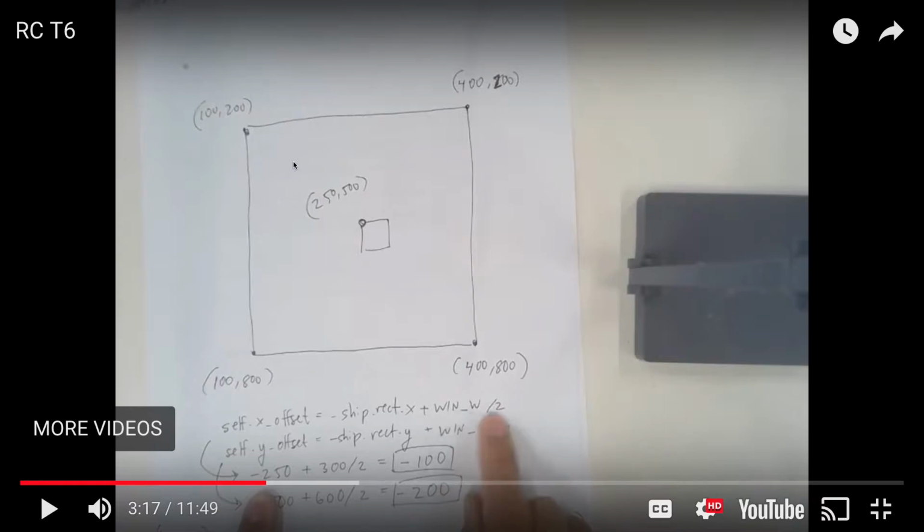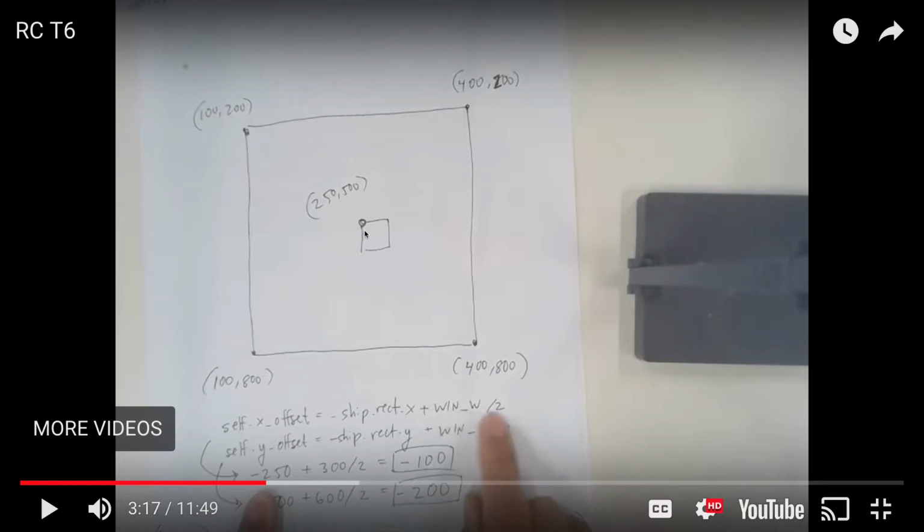So if we imagine the ship moving to the right, to such a place where the right side of the inner screen is equal to the right side of the world's, then what would the X offset and Y offset be? That's what we want to know, right?